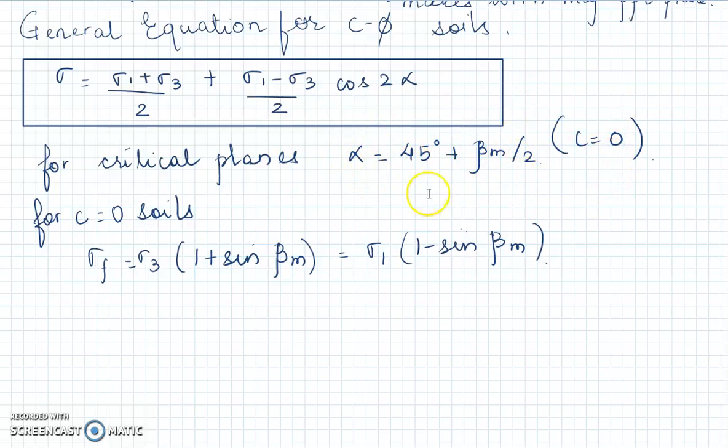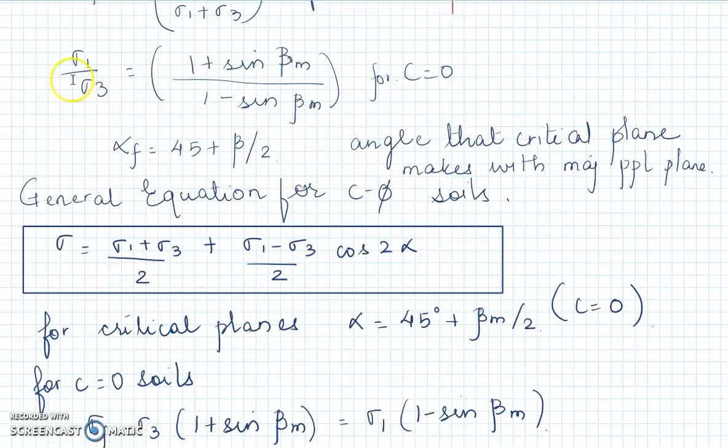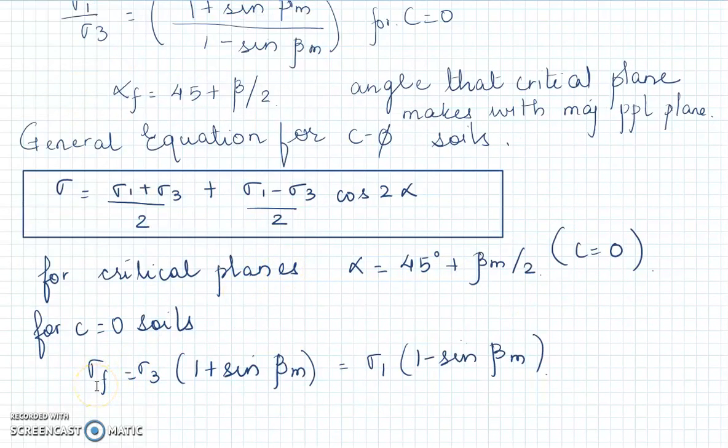When I substitute this alpha in this equation and simplify, I get sigma 3 into bracket 1 plus sine of beta m is equal to sigma 1 into bracket 1 minus sine of beta m. What happens for clayey soils or c-phi soils, we will discuss later. With these equations itself, we will first solve a problem. Then we will go to c-phi soils.